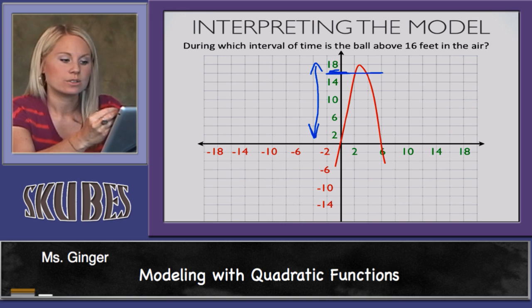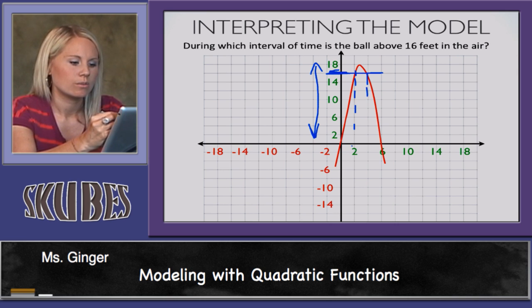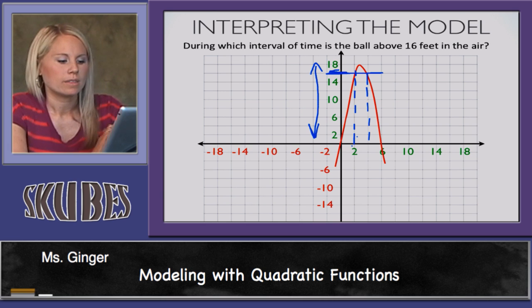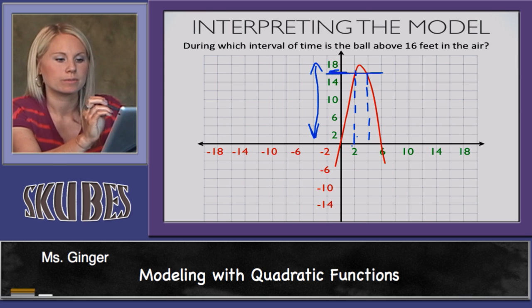And we're just going to match that to the x-axis to be able to answer that question. I'm going to travel down here and find where that occurs. Looks like the interval of time between 2 seconds and 4 is where that's happening. So we would say between 2 and 4 seconds. We would just do that for any height amount that we were asked about.